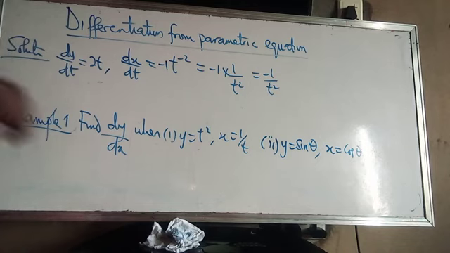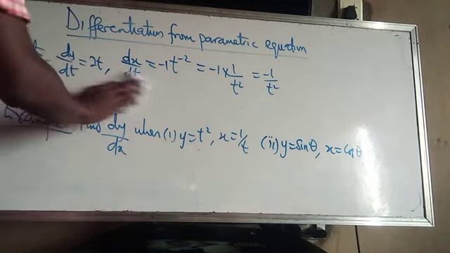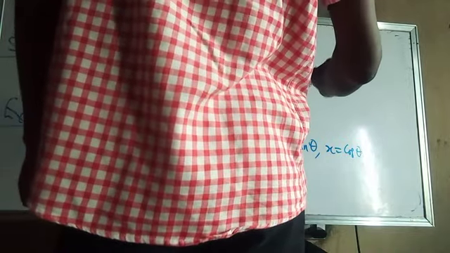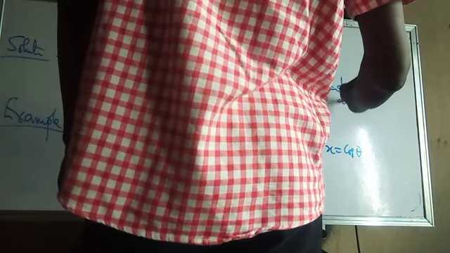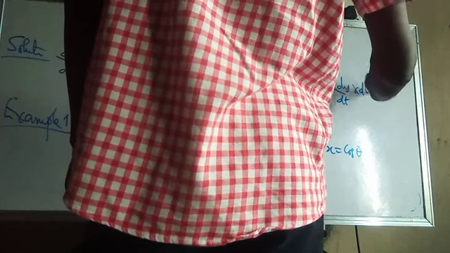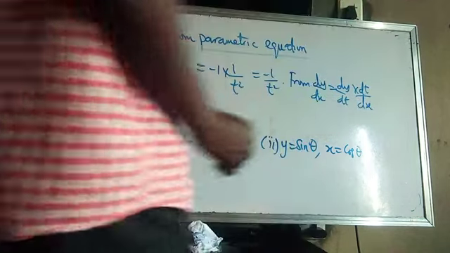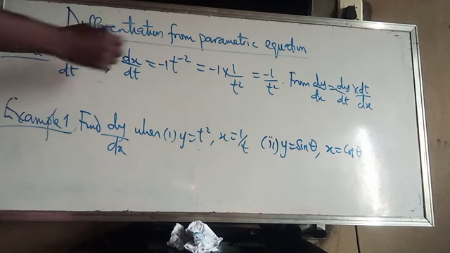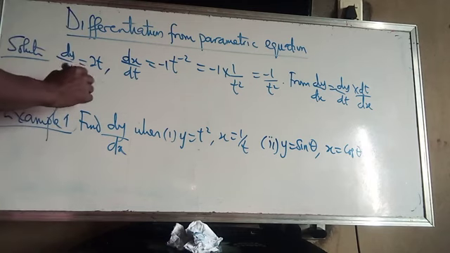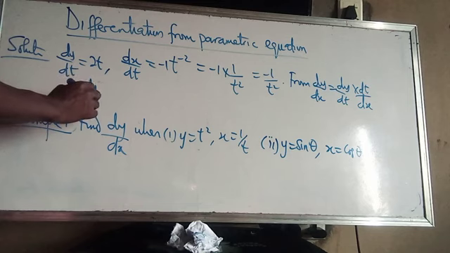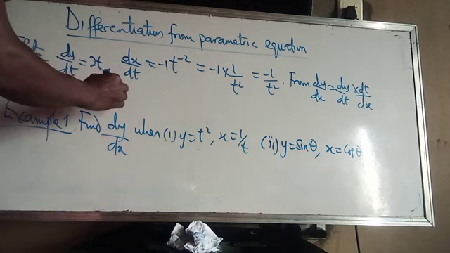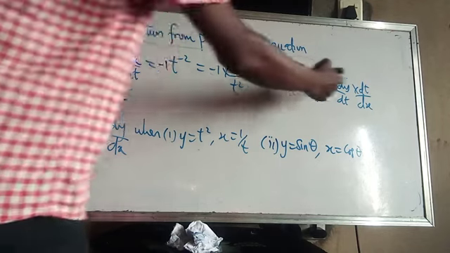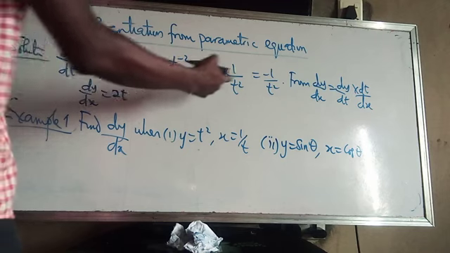Okay? And so from our formula, dy/dx is equal to dy/dt times dt/dx. So dy/dx will now be dy/dt, which is 2t, multiplied by dt/dx.